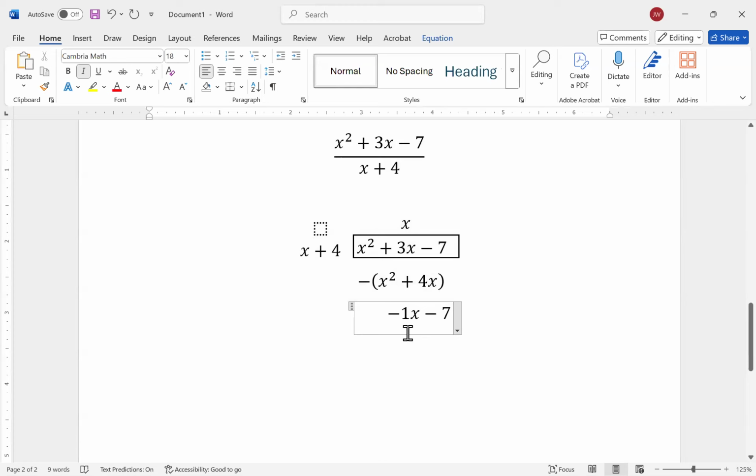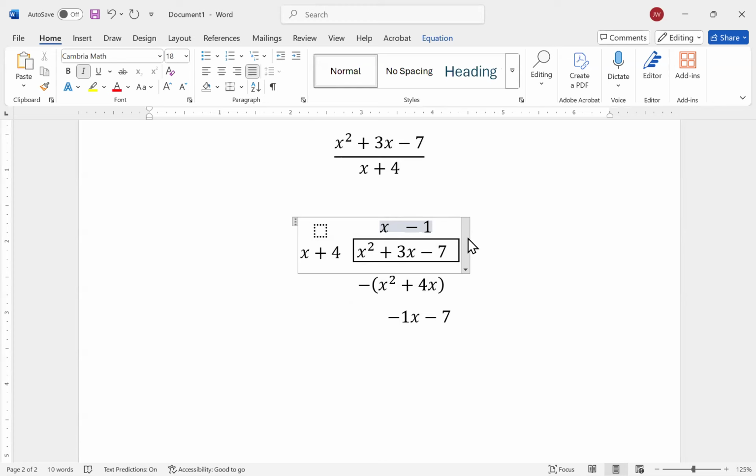And then I ask, well, what do I need to multiply x plus 4 by so that the lead term becomes a negative 1x? And that is simply minus 1. So an x minus 1 is what I have up here.